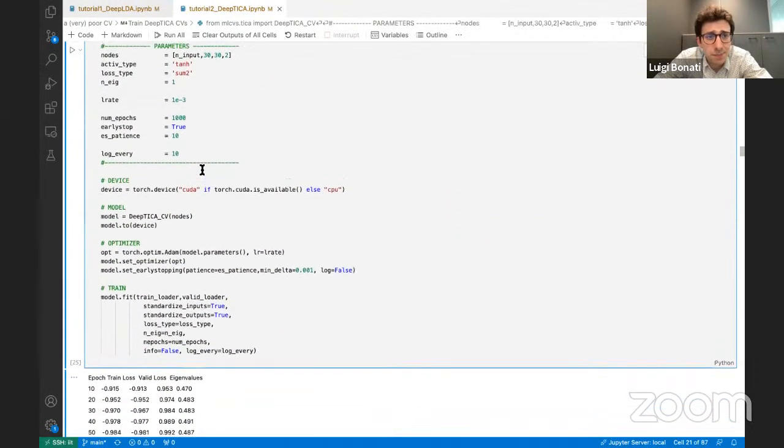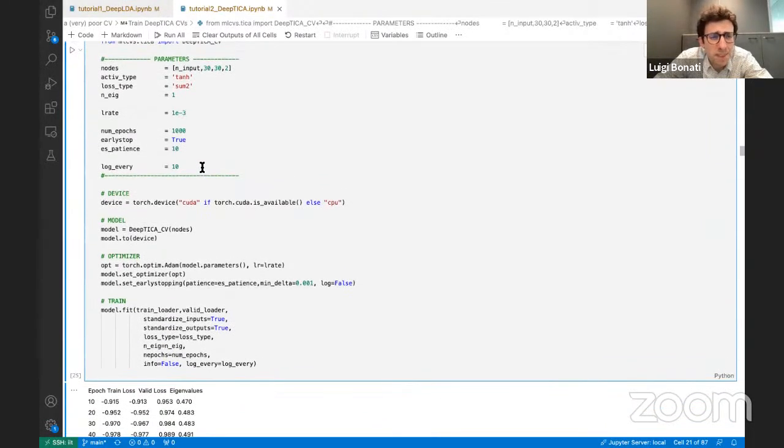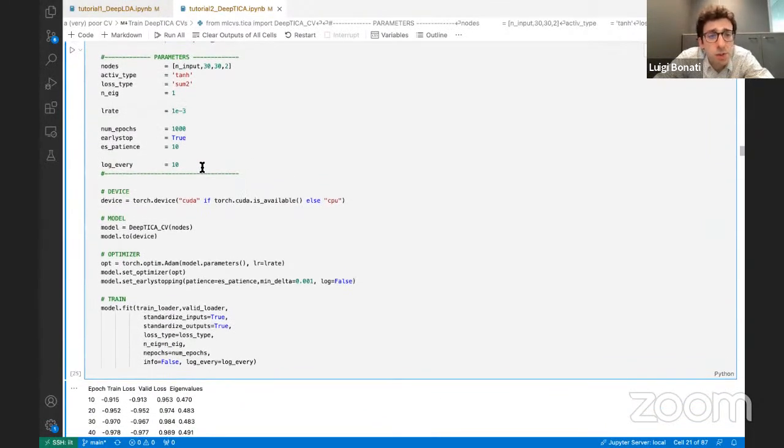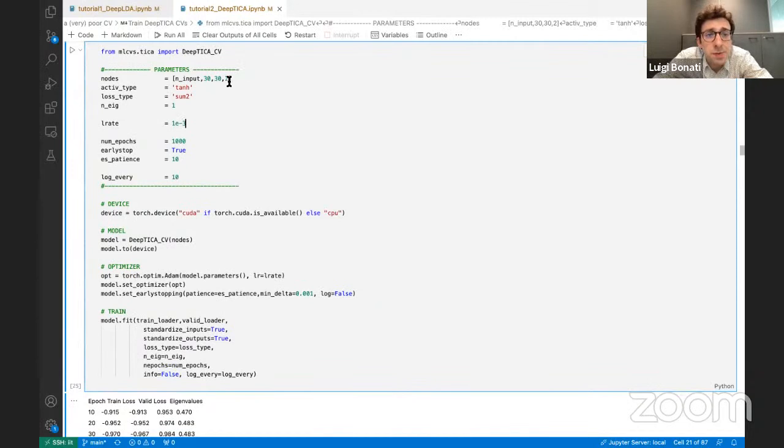Here we see the parameters are very similar to the previous one, because what changes is just the way we optimize the network. As before, we can make a comment on the number of outputs of the network.